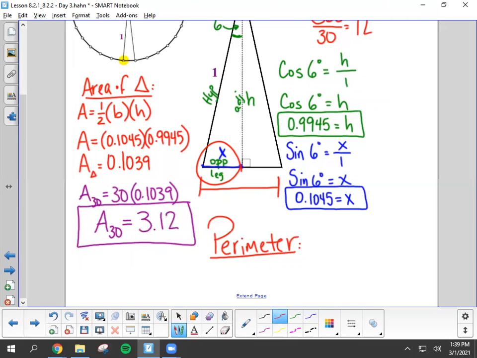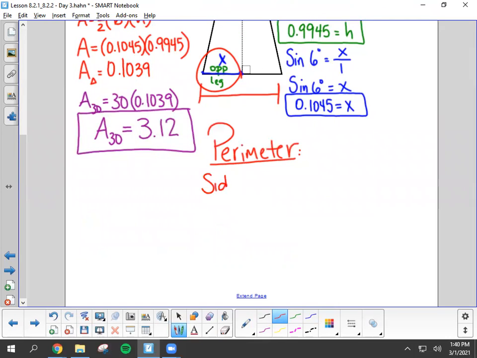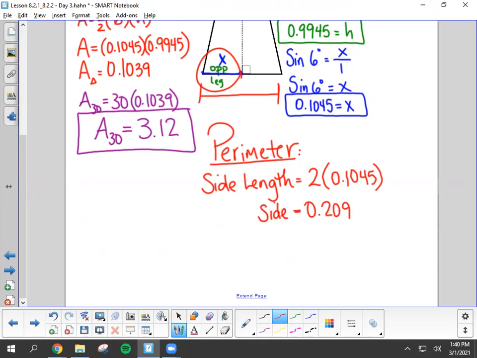So each side length is going to be 2 times 0.1045. Put that into my calculator, and I get that each side length is equal to 0.209. There are 30 sides that are all identical.